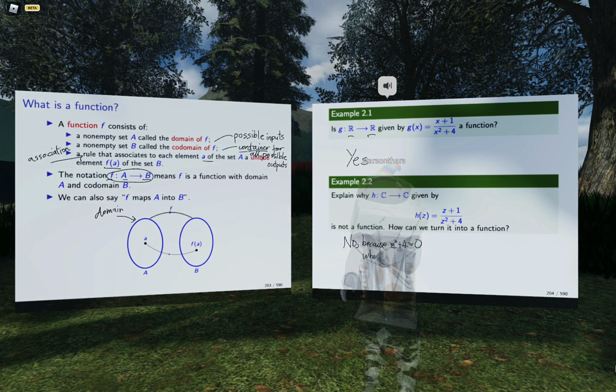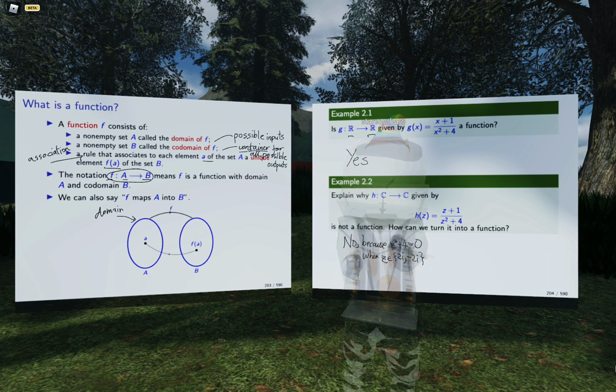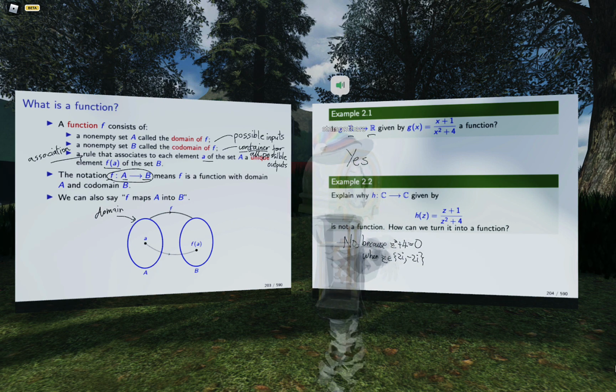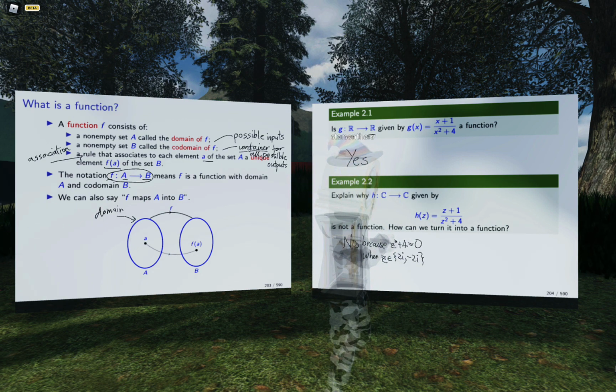That's when z is 2i or minus 2i. And so when it's 0, that rule just doesn't make sense. It's like a little program that you just can't execute, right?